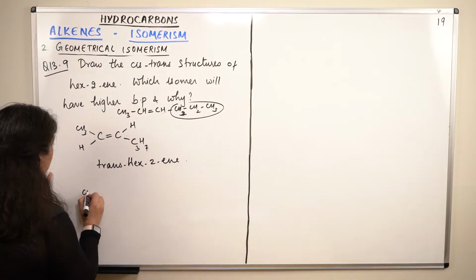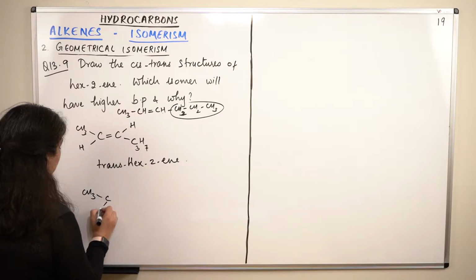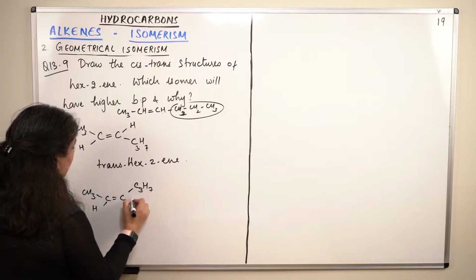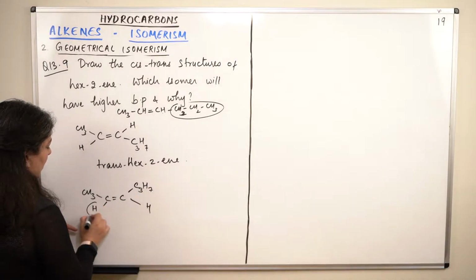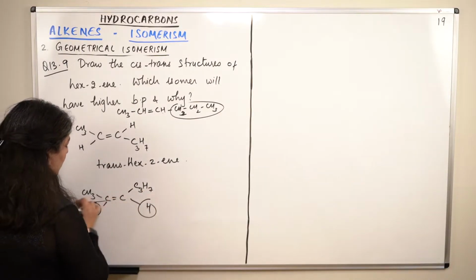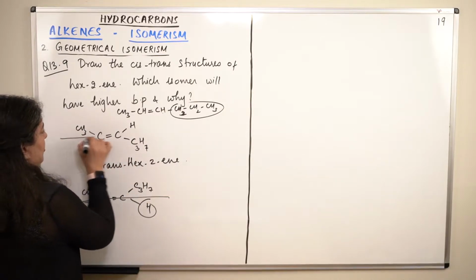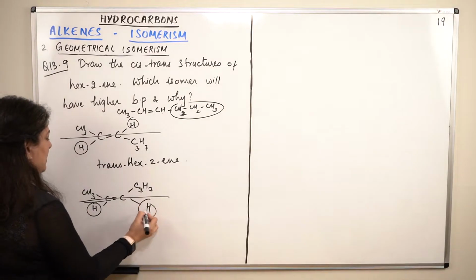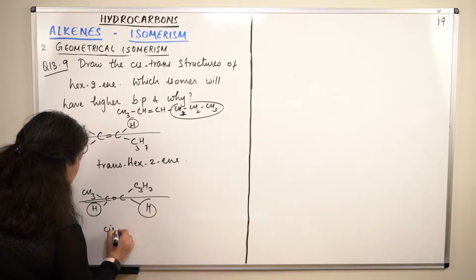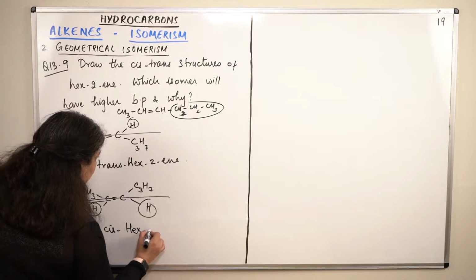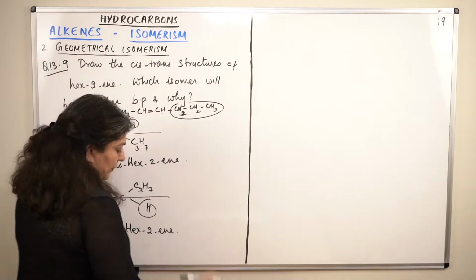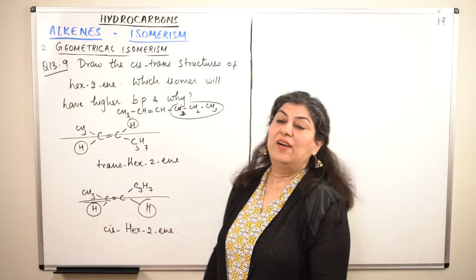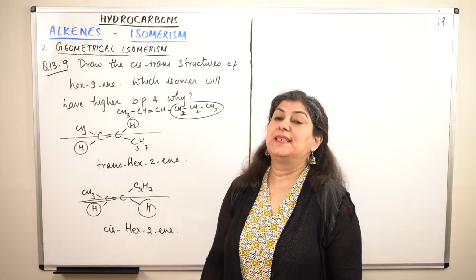It will be CH3, CH, double bond C, C3H7 and H. Now the two H are falling on the same side of the double bond, whereas in the other they fall on opposite sides. So this is the cis isomer, cis hex-2-ene. Now, the question is, which one of these will have a higher boiling point and why?